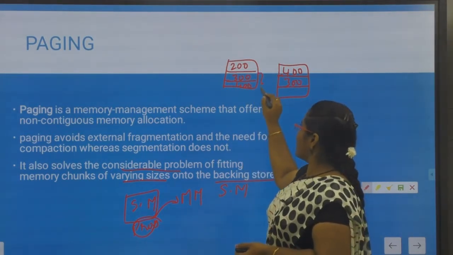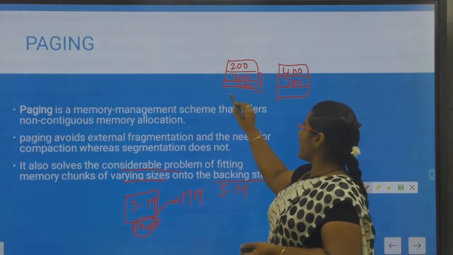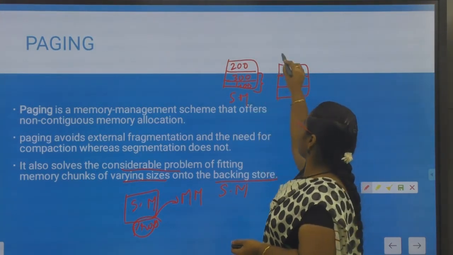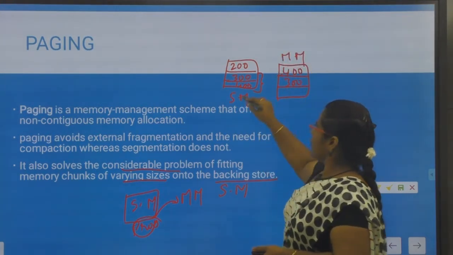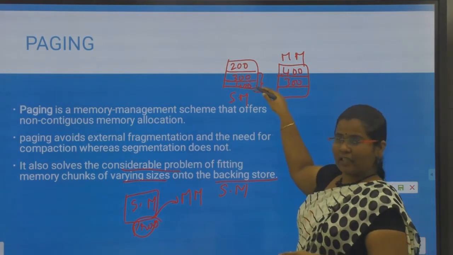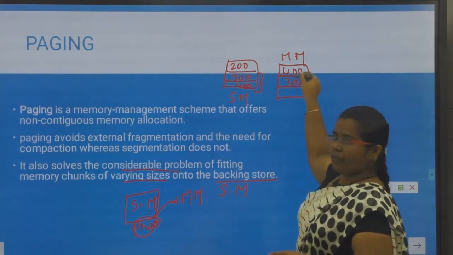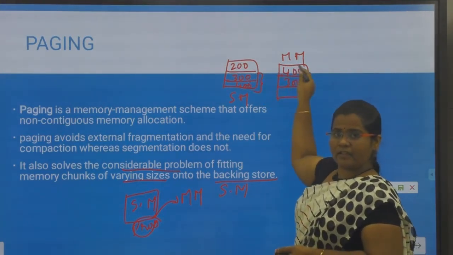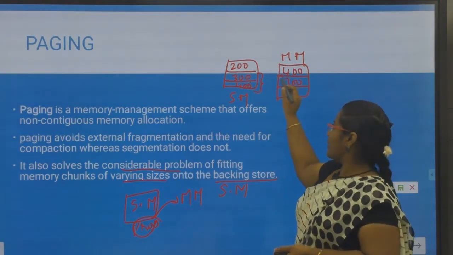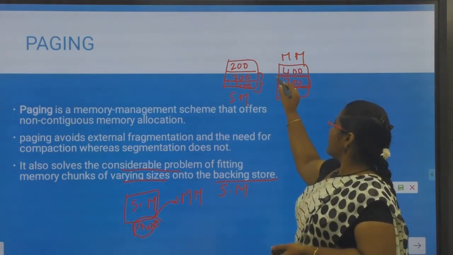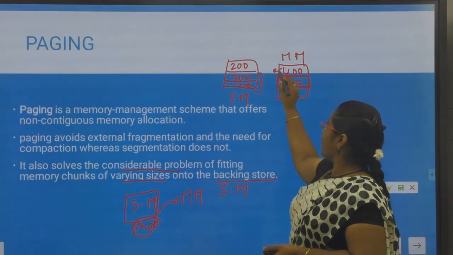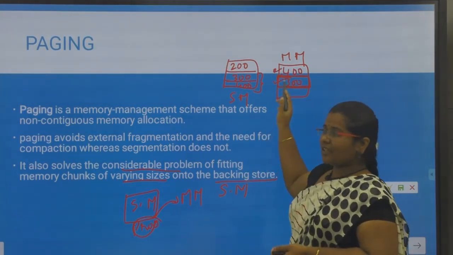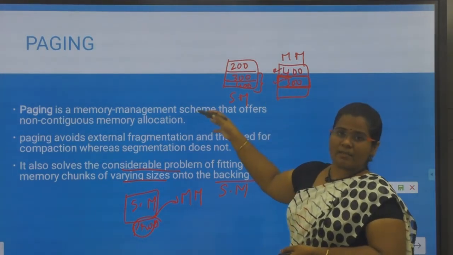So these two parts will become free in the secondary memory, whereas your main memory will be occupied with that particular size. Now in this case, you have different sizes for your segments. These segments cannot be replaced back again.